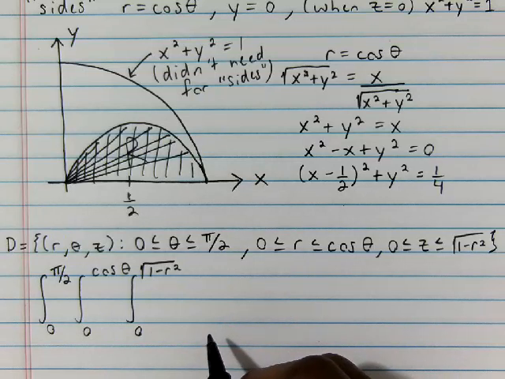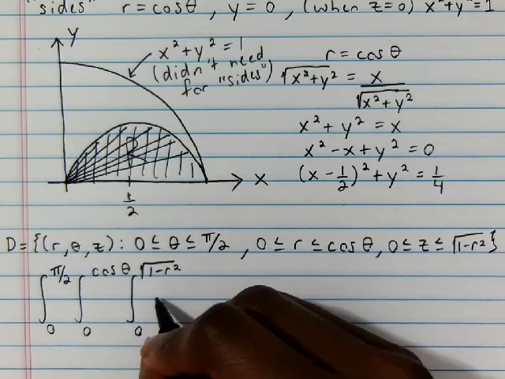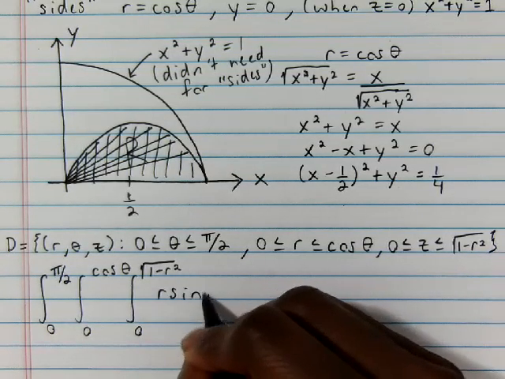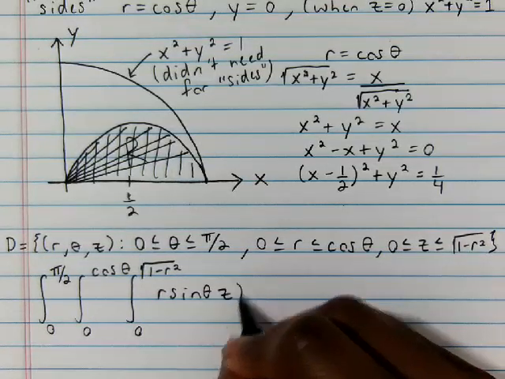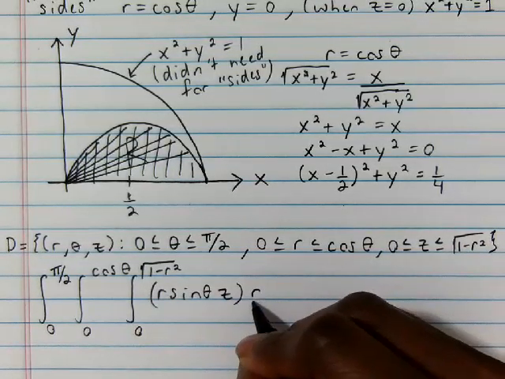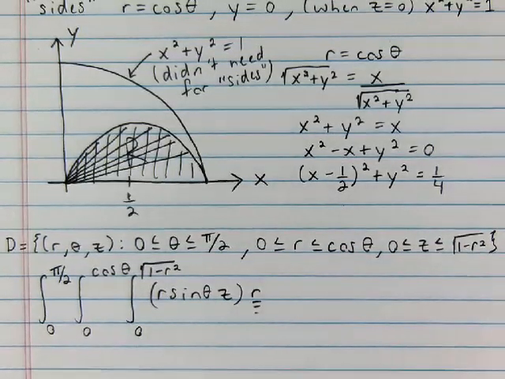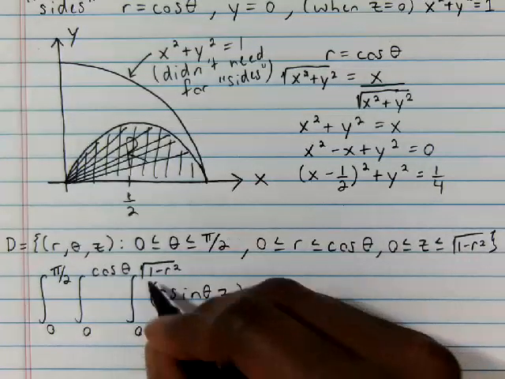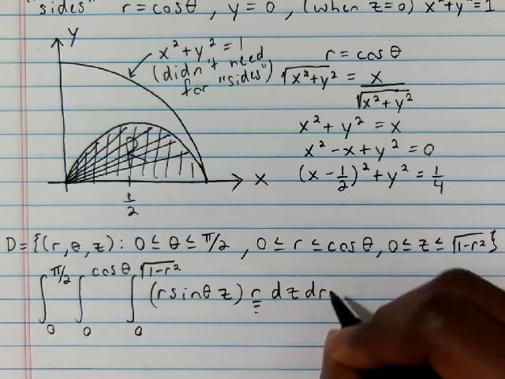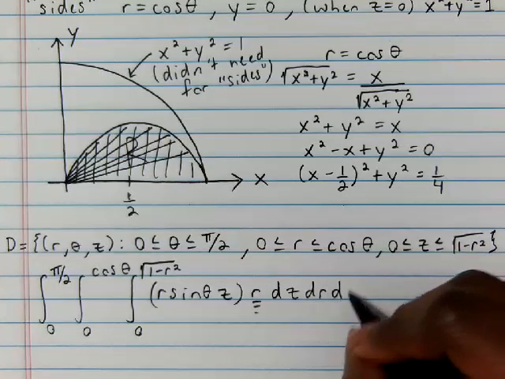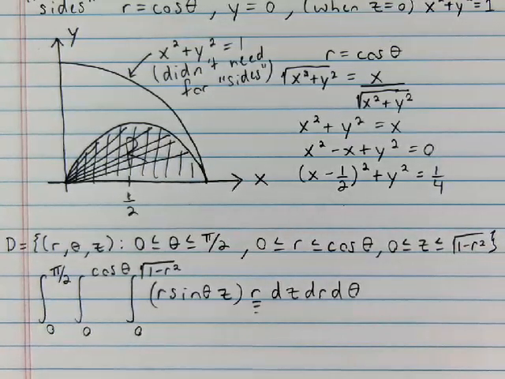And our integral was yz. Remember, y is r sine theta. z is z, so we don't change anything there. And then that times that r, that comes with cylindrical coordinates. These are z's, so that's dz. These are r's, so that's dr. And these are thetas, so that's d theta.